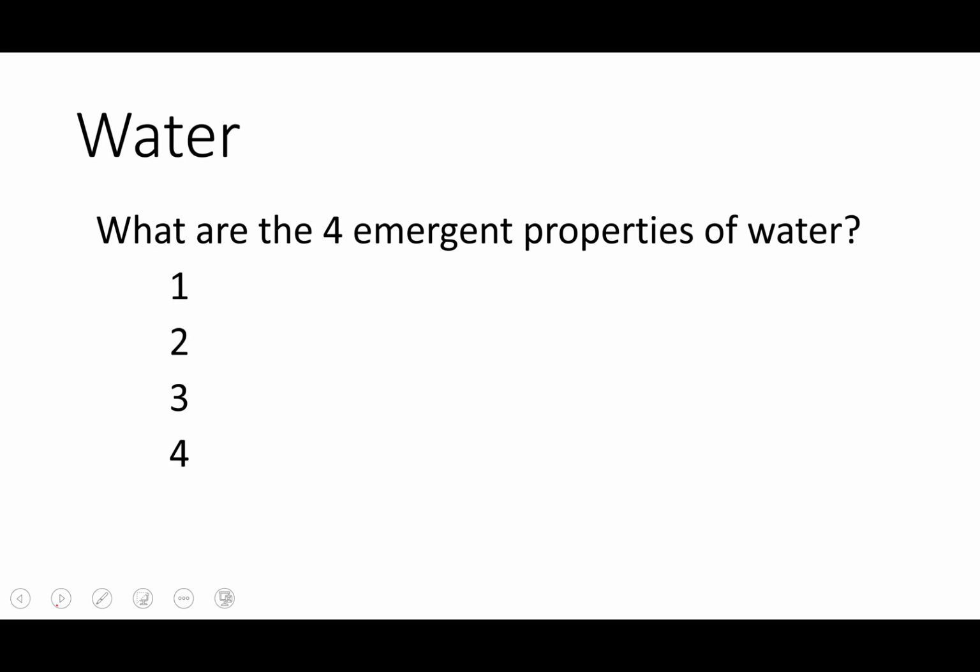Okay, chapter 3, we talked about water. What are the 4 emergent properties of water? Take a minute to think about it. Jot them down.